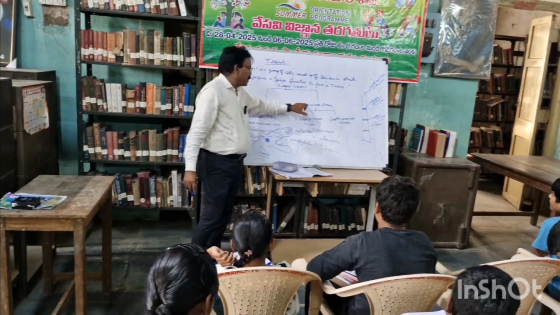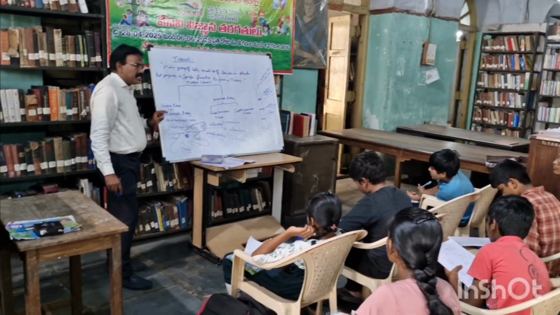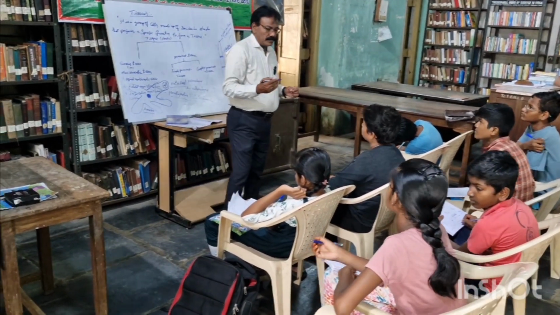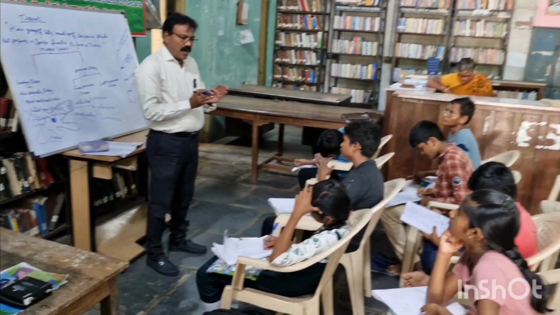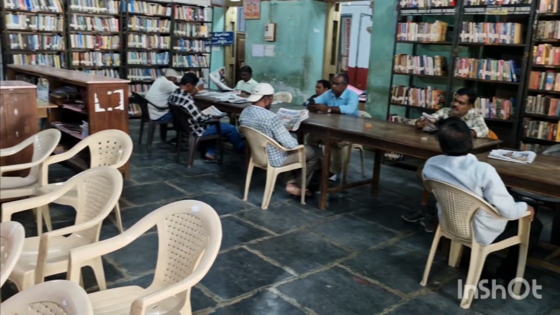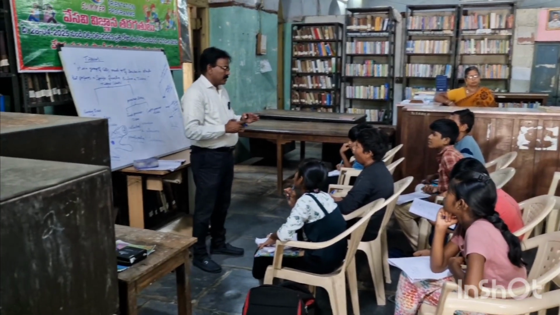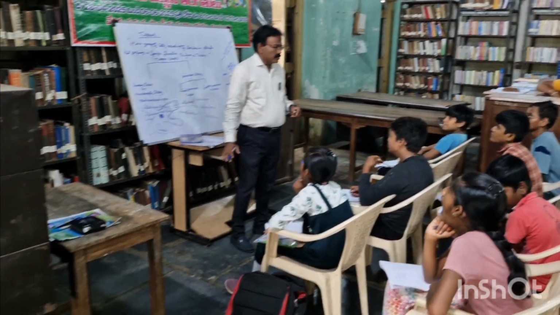So when these meristematic tissue cells mature, whenever their function is over, these fastly dividing cells mature and then they differentiate. The cells differentiate and convert into permanent tissues.